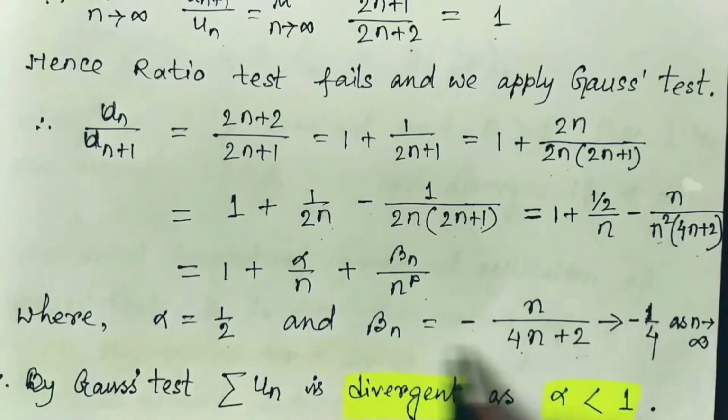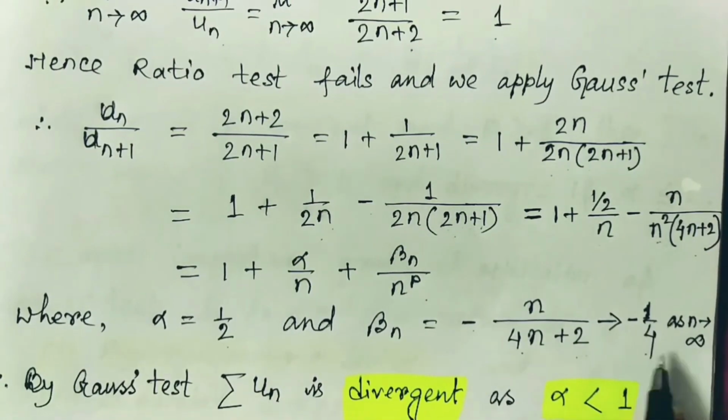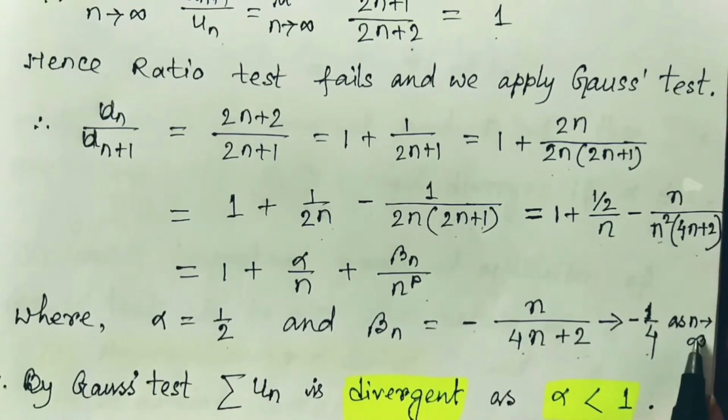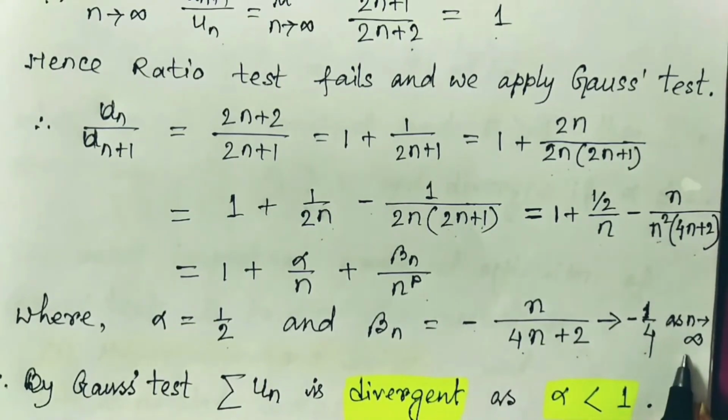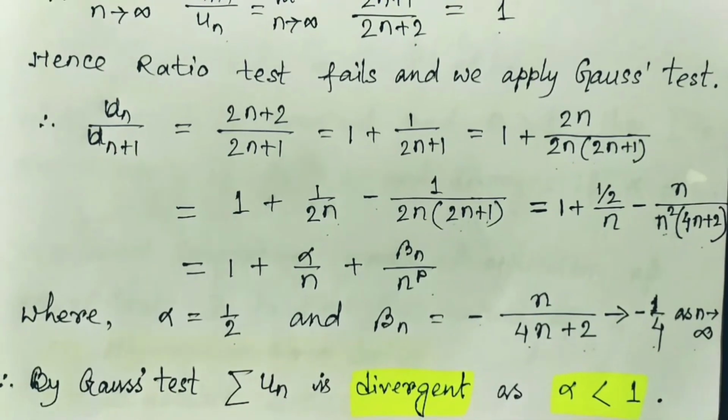So when we take the limit, then this limiting value is minus 1 upon 4, that means when n tends to infinity. Therefore, by Gauss test, we say the series is divergent as alpha is less than 1. So that is the nature of the series which we can conclude by using the Gauss test.